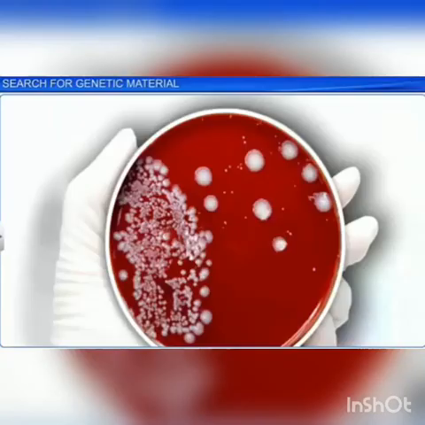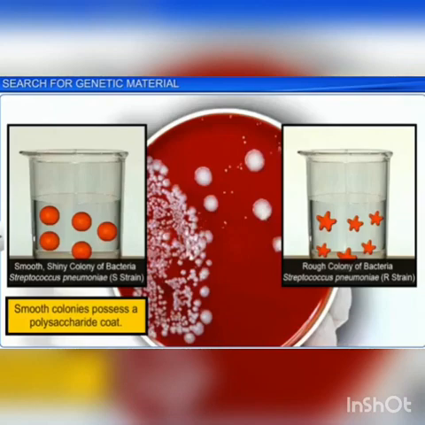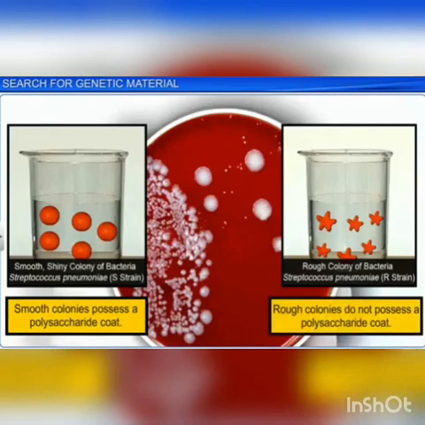Frederick Griffith grew bacteria in a culture plate and found that they had two forms, the smooth and the rough. This was because the smooth shining colonies of the S strain of bacteria possess a mucus polysaccharide coat, while rough colonies of the R strain do not possess a polysaccharide coat.